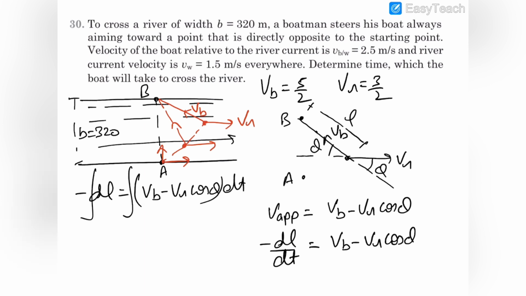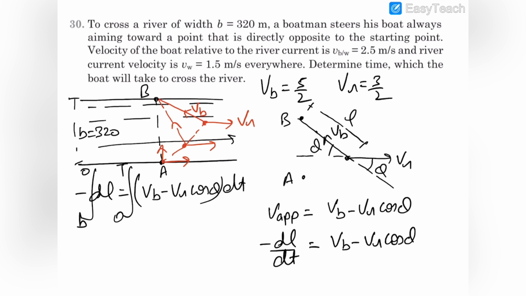Integrating both the sides, the limit of L is the relative separation between the boat and point B. Initially the boat and point B were separated by a distance of B, and finally when they meet, that distance will become 0. Let's suppose that in t time it will happen.